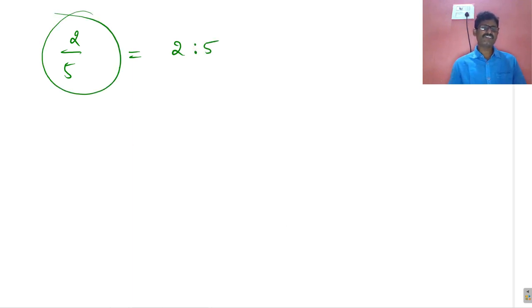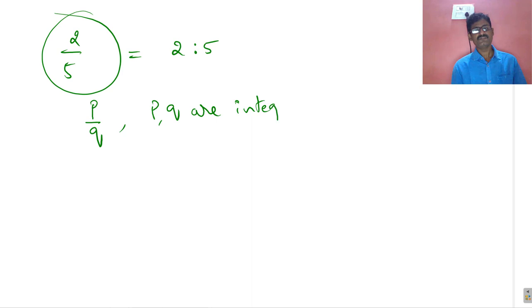The numbers which can be expressed in this form, P/Q, where P and Q are integers and where Q is not equal to 0. Q means the denominator of this fraction, of this ratio, is not equal to 0. Why? Because division by 0 is not possible. So that is why the denominator can't be equal to 0.